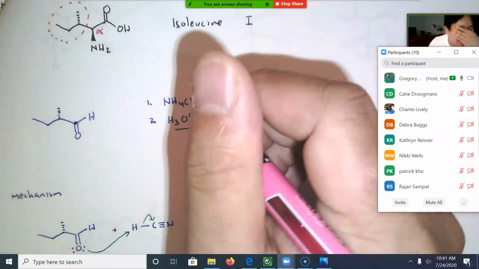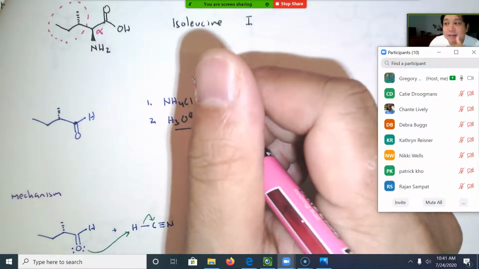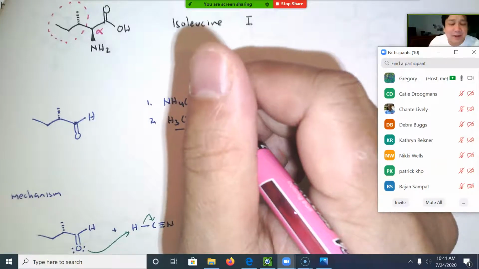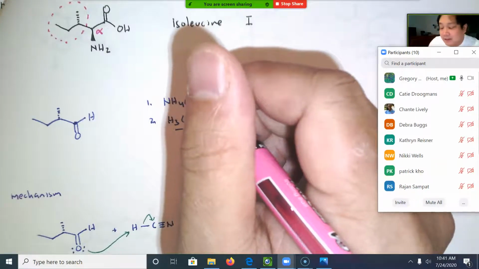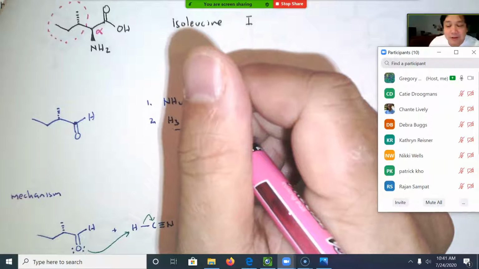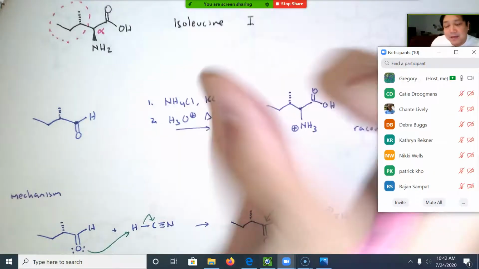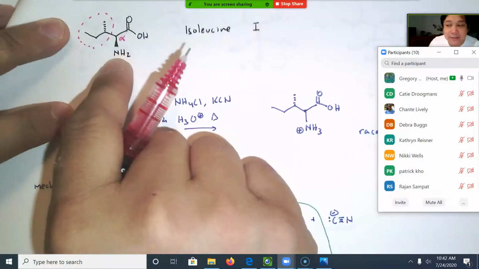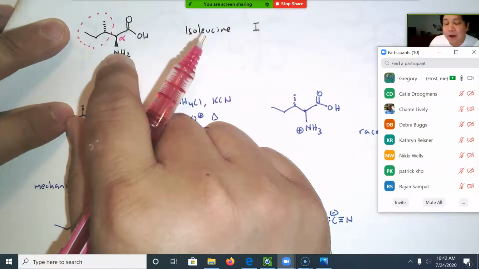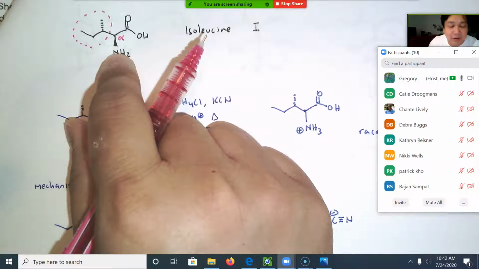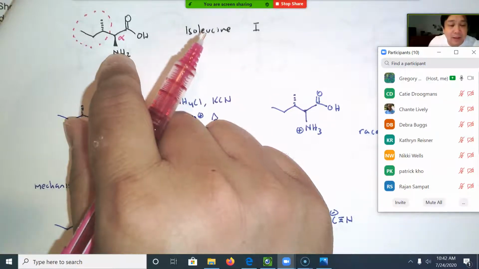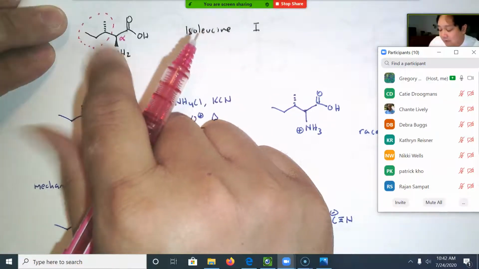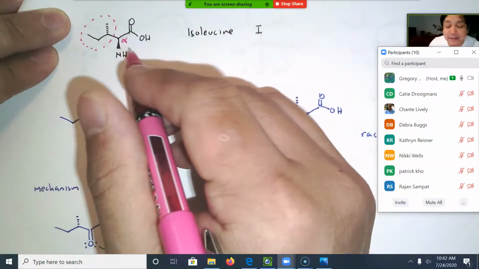Very, very interesting field. Your enzymes typically cannot recognize beta amino acids. So if you want to make a drug that's based on peptide chemistry, if you make the drug out of alpha amino acids, it's likely that your body will hydrolyze that drug. It will recognize it as foreign, and there are enzymes that break up alpha amino acids.